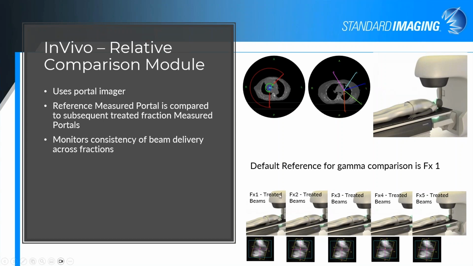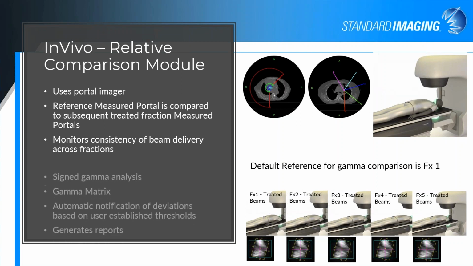So the key would be doing whatever image guidance that you would do, so that you're comfortable that fraction 1 is essentially the best fraction to use. Sometimes, based on your pretreatment image guidance, maybe fraction 1 is not the best image. Some people revert to fraction 2 or 3. You can change that reference fraction if deemed necessary.